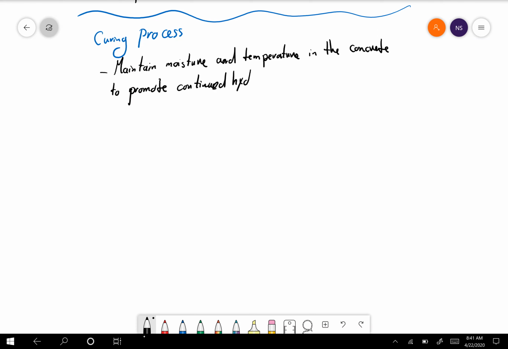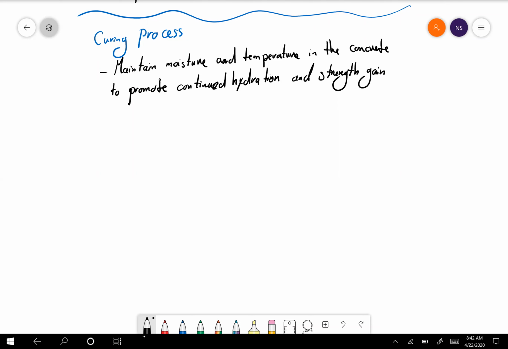So that's exactly why we do the curing process, to make sure that the hydration and strength gain process is happening and being completed.